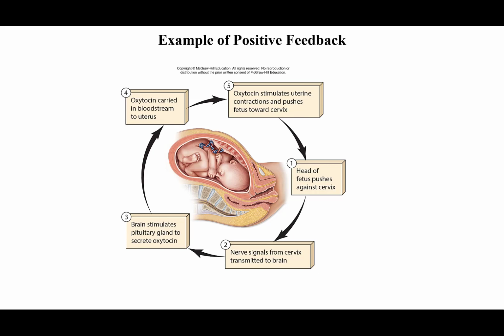This causes the head to push even harder on the cervix, which results in more contractions. And it just keeps going on and on until the baby is born. The positive feedback stops when the baby is out.